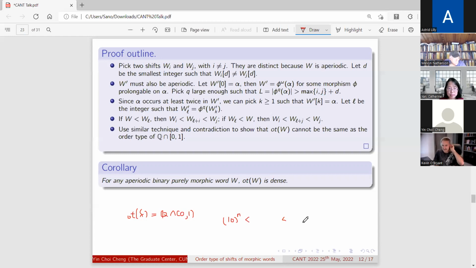And to find something that's larger than it, we look for a shift whose index in the second order representation is of the form 10 to the n, followed by a 1. As long as n is large enough, the corresponding shift must be greater than the given shift. And that's the end of my talk.